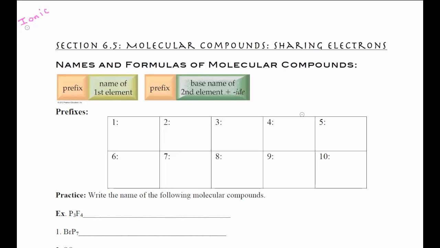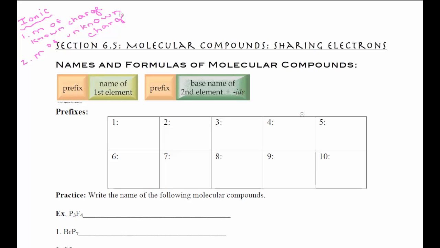As a quick review, we've got two different types: metals of known charge, and metals of unknown charge. Why does this matter when we're writing the name of the ionic compound?